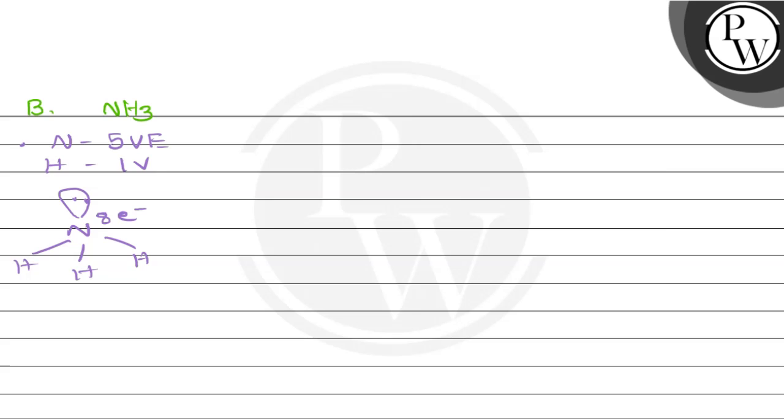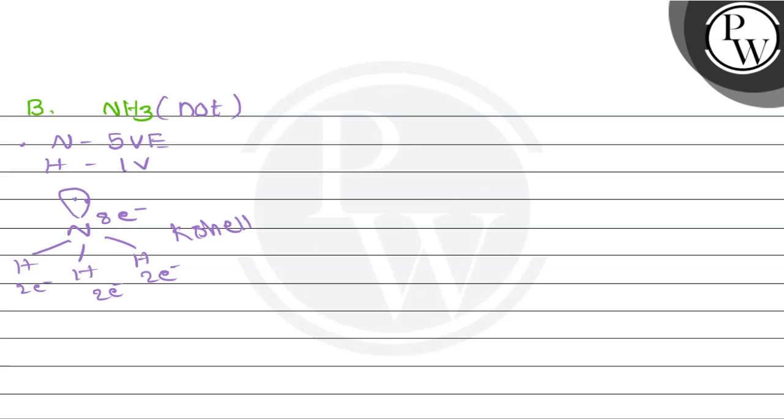Nitrogen has 8 electrons, hydrogen has 2. Hydrogen is an exception because its K shell is full with 2 electrons, so it also obeys the octet. So here it is not an electron deficient compound.